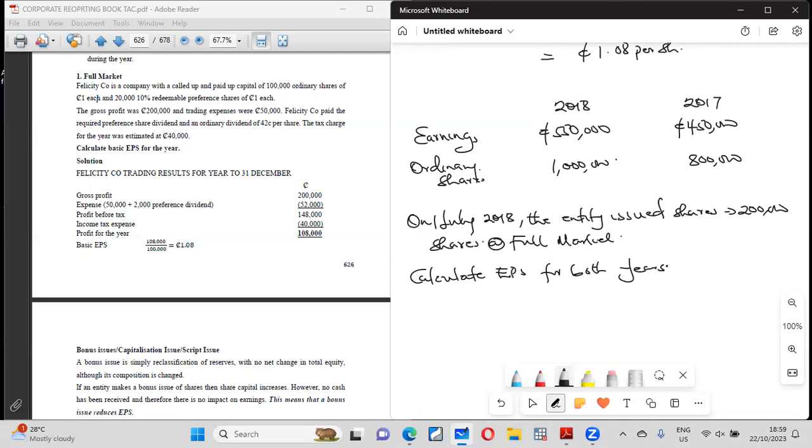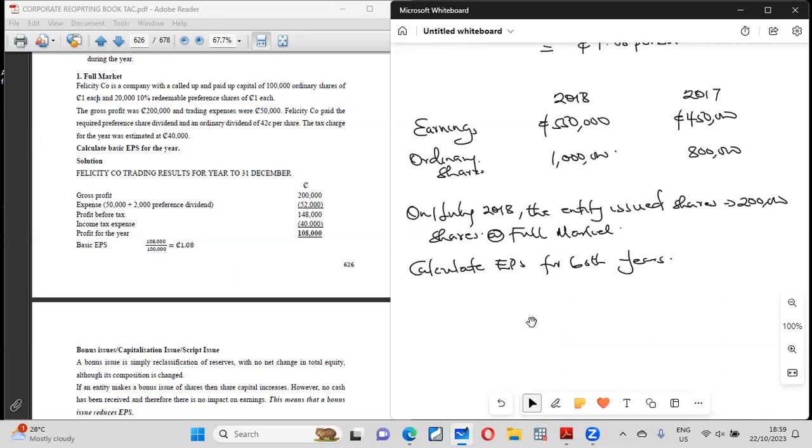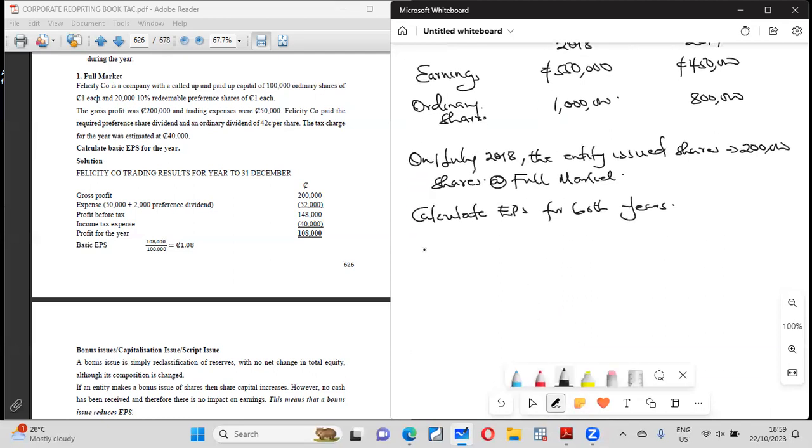All right. So how do we go about this? 2017, how do we calculate our earnings per share? Any idea? Augustine, what's the formula?